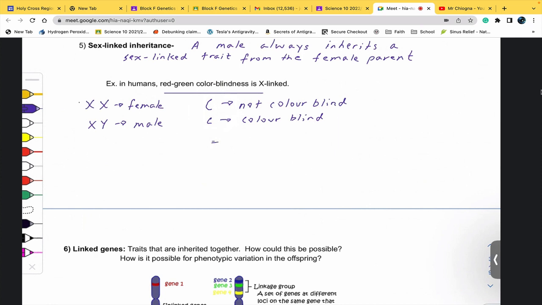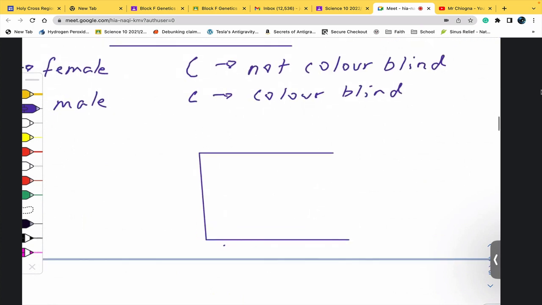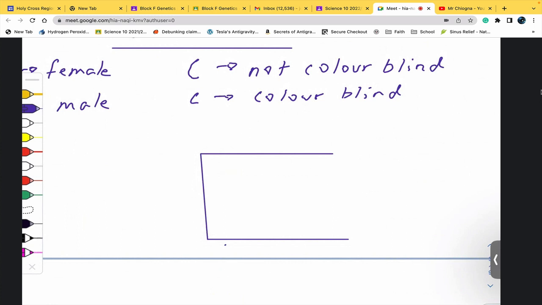I need more room. Okay, I have a female carrier.